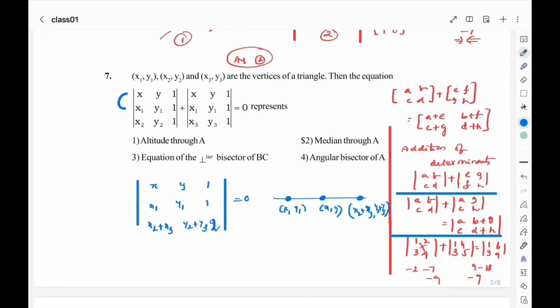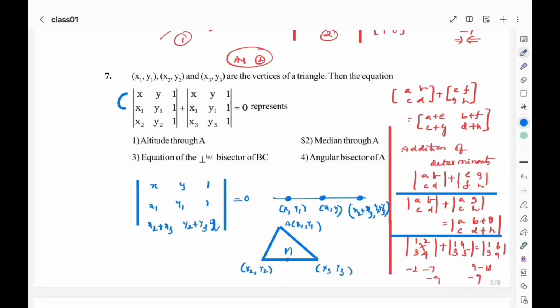Now the question: is it an altitude, a median, or an angular bisector? It definitely represents an equation. Which equation? Here you have x2 y2, x3 y3. Here you have x1 comma y1.